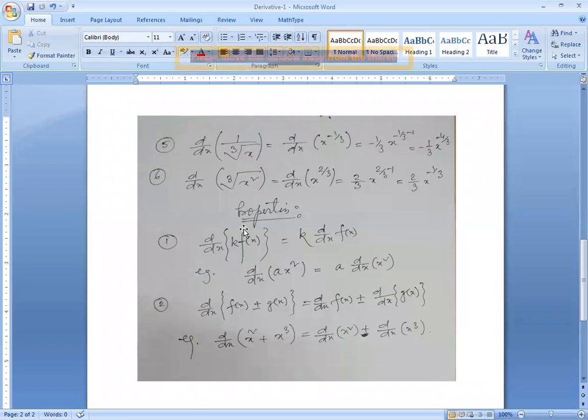Simply the constant is considered outside the operator. Example: d/dx of, suppose, a x square, a is constant.